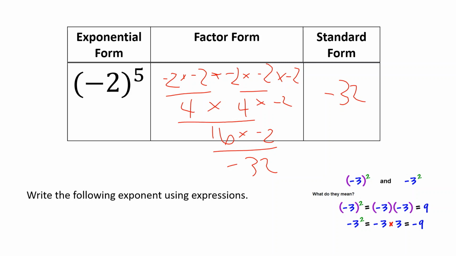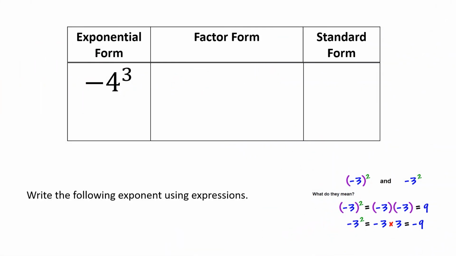Now let me move on to the next one real quick. This time we do not have parentheses. Okay? So the way we will write this is I am going to want to do 4 times 4 times 4. 4 times 4 gives me 16. 16 times 4 gives me 64.